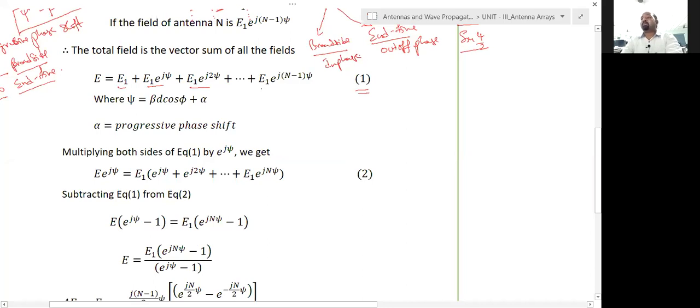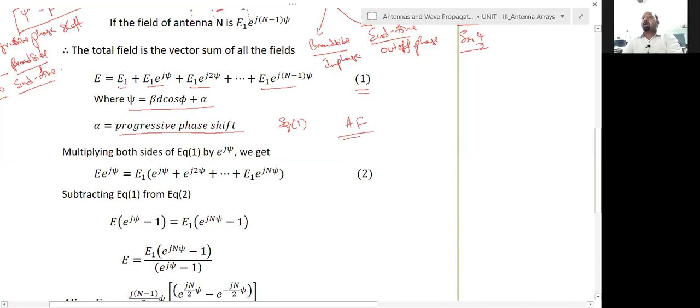The nth element is E1 e power j n minus 1 psi, where psi is equal to beta d cos phi plus alpha, and alpha is the progressive phase shift. Now we need to simplify equation 1 to find the array factor. So how to simplify? This is the procedure.